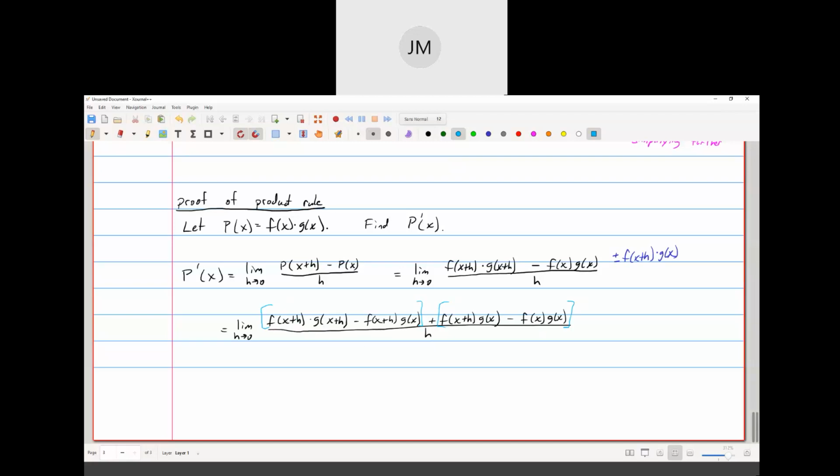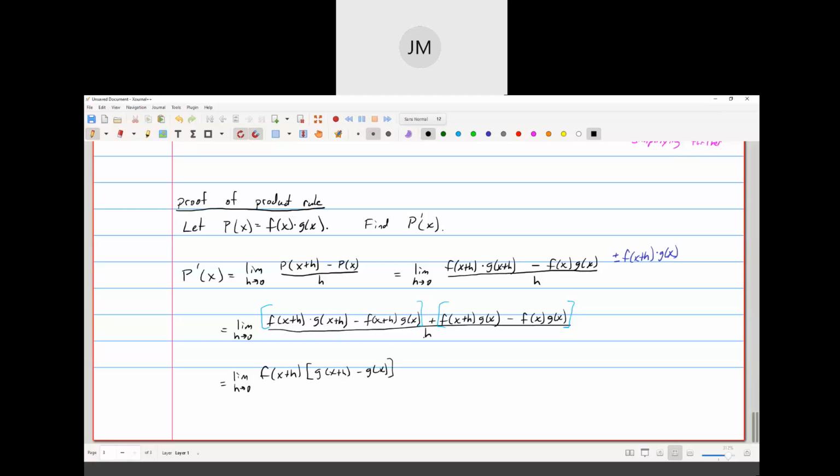And if I group these two together, in the first one, I can see, well, these both have an f of x plus h in common. Okay. So I can factor out f of x plus h. And what I'm left with is g of x plus h minus g of x. Okay.